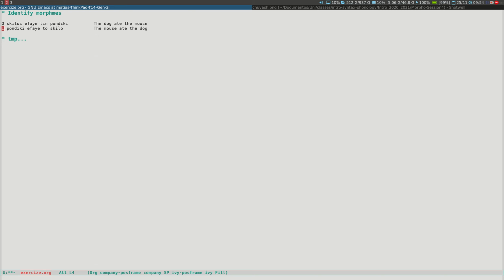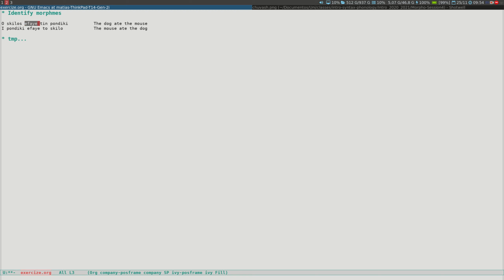Now, in the second sentence, we find more or less the same words as in the first sentence. Instead of an O, we have an E, so there might be something changing. Instead of skilos, we find skilo here. And we have pondiki here, and pondiki here, so that one didn't change.